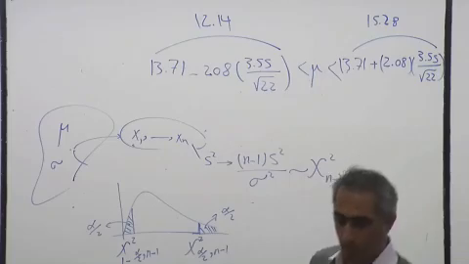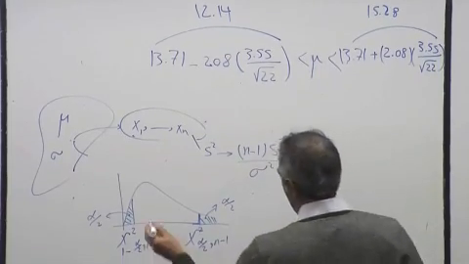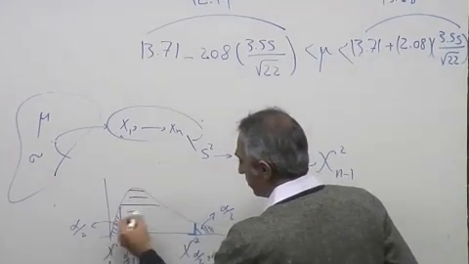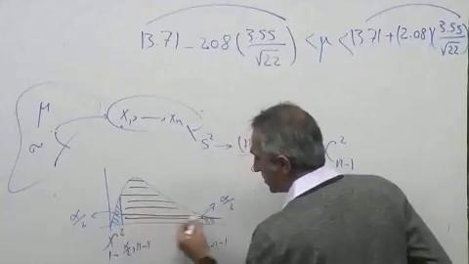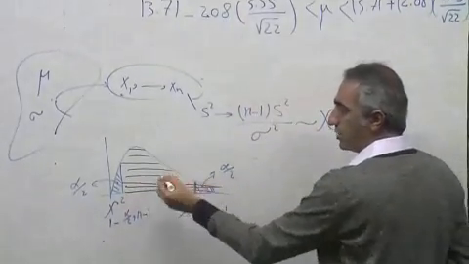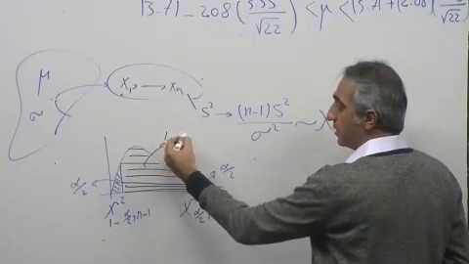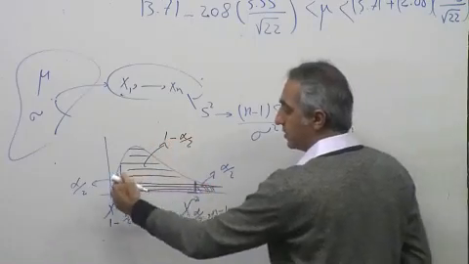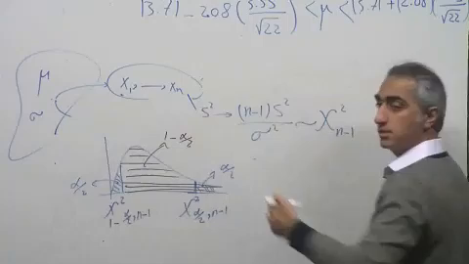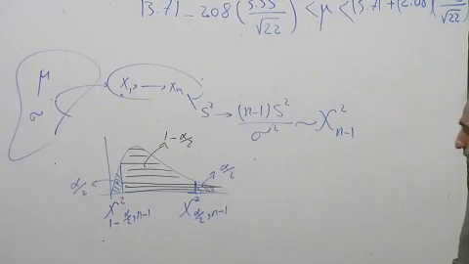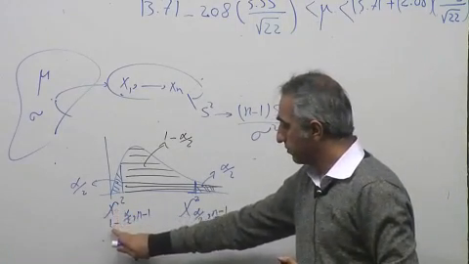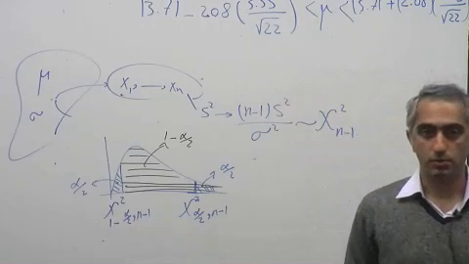Why? Because the probability after this point, which is this area, is 1 minus alpha over 2. Because before that is alpha over 2, after that is 1 minus alpha over 2. So I show this with chi-square 1 minus alpha over 2 and n minus 1 degrees of freedom.